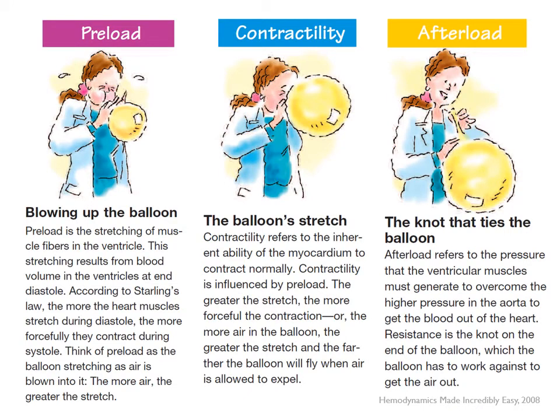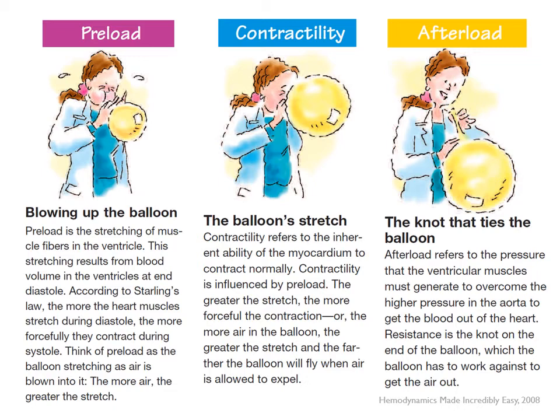Okay, so let's talk about these three concepts a bit more: preload, contractility, and afterload. When we're talking about preload and afterload, we're really talking about the ventricles, not so much the atrium.